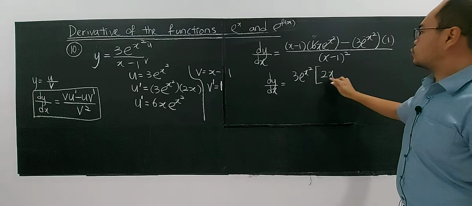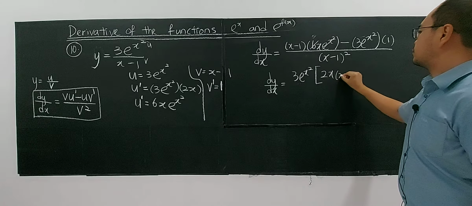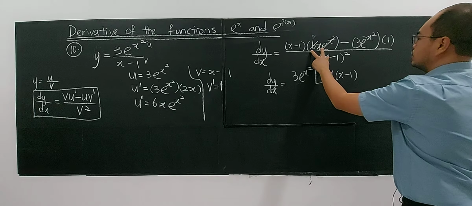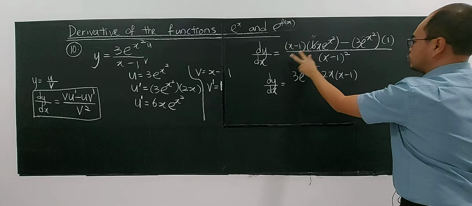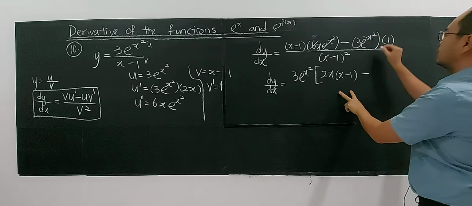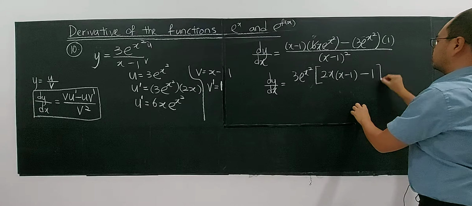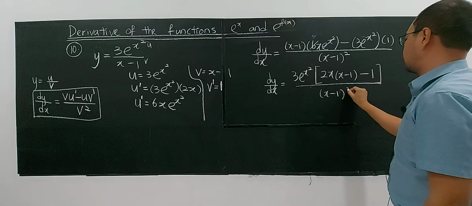So this one you still have 2, then 2x. So now x minus 1, right? You have taken out 3e^(x squared), so you have 2x and x minus 1, minus this one. Everything has already been factored out, so you have 1, divided by (x minus 1) to the power of 2.